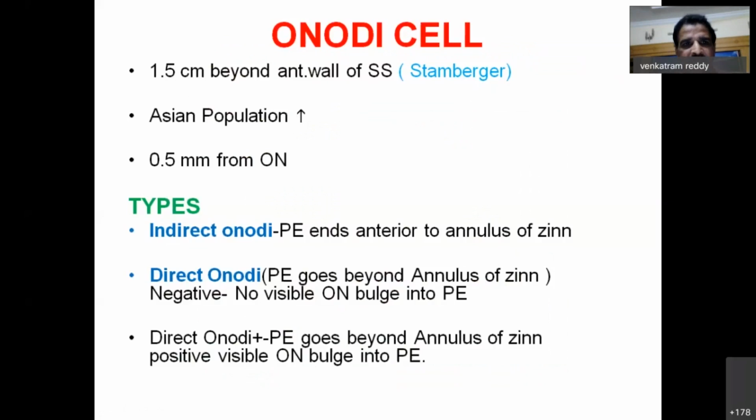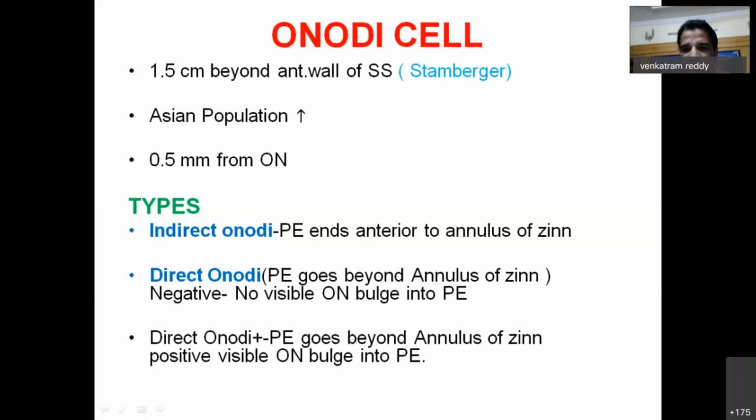Onodi himself was an anatomist from Hungary, and nearly 100 years ago, with the aid of a simple microscope, he described nearly 32 varieties of Onodi cells in cadavers. Endoscopically, the Onodi cell was revived and redefined by Stammberger, who described it as extending 1.5 centimeters beyond the anterior wall of the sphenoid sinus.